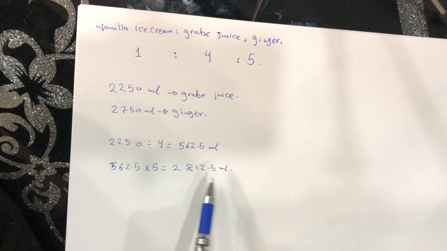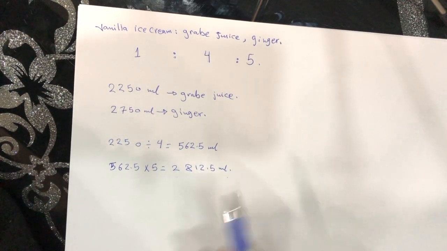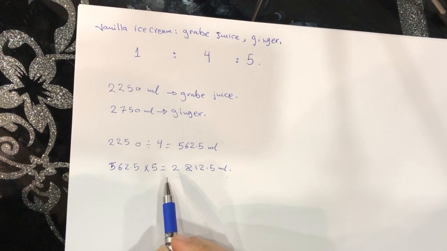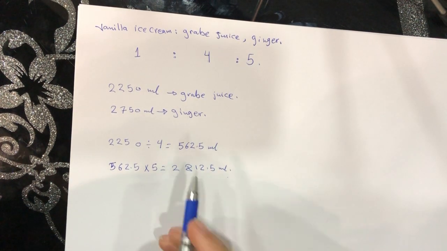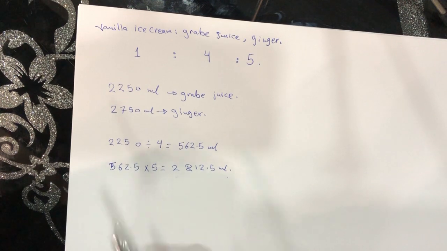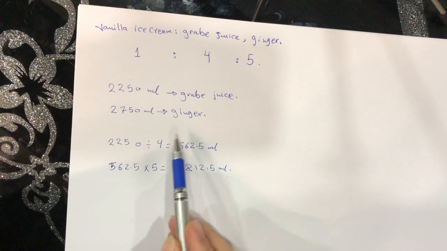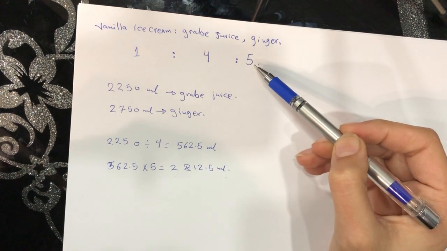Now let's look at the numbers we have. How did we find the amount that she used from ginger? We found that each 1 unit will be 562.5. We multiplied this number by the ratio given for the ginger.